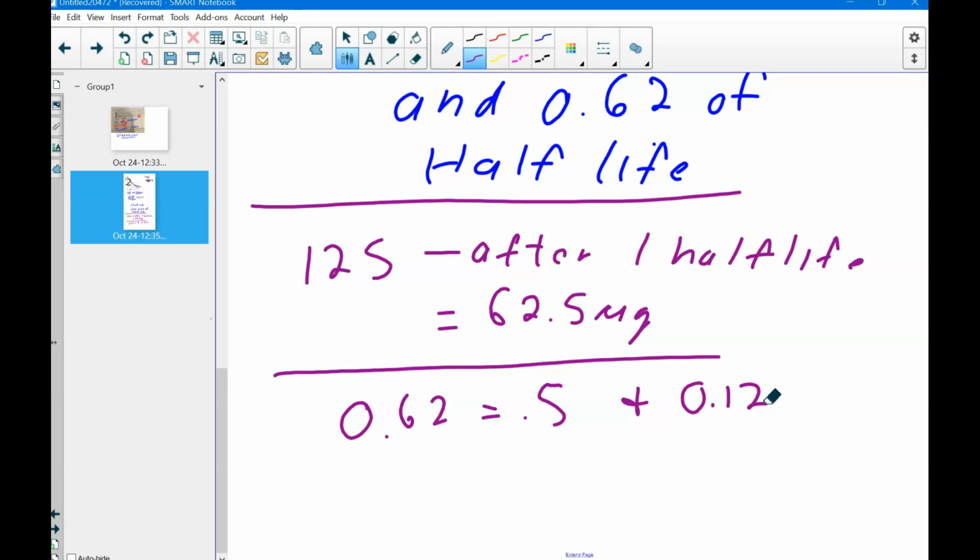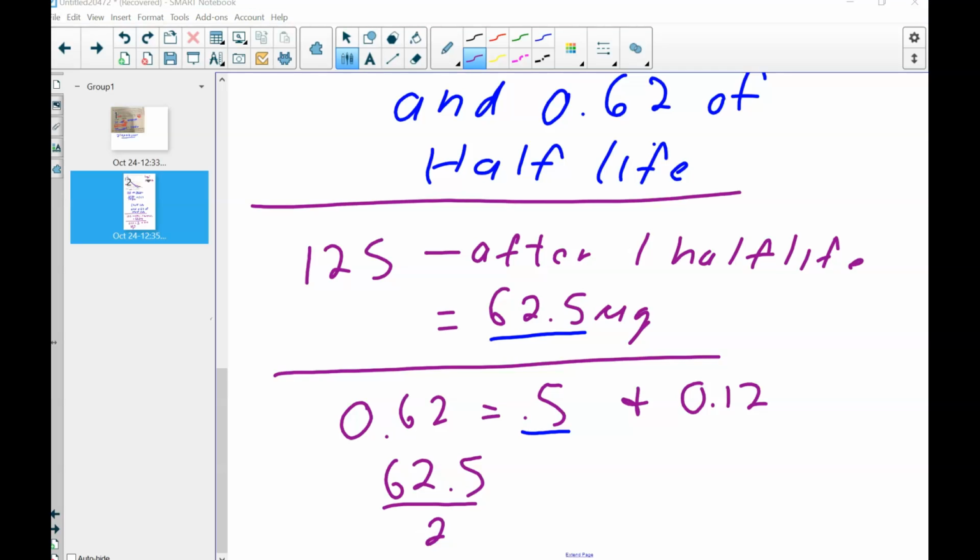So starting with 62.5, right here, if we took this as our starting value now, half of a half-life of that would end up to be, you got it again, 62.5. If we had one more half-life, we would divide that by 2.